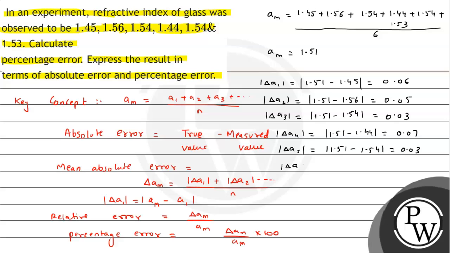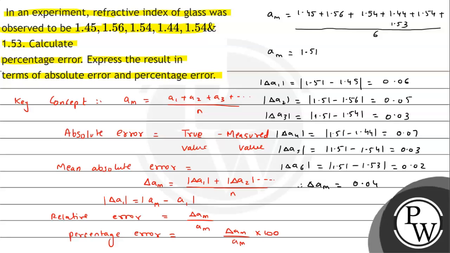And mod of finally a6, we have 1.51 minus 1.53, that is 0.02. अब इन सबको ऐड करके we need to divide by 6 and we will be getting the mean absolute error. Therefore finally हम क्या लिखेंगे, mean absolute error will be equal to, इन सबको ऐड करने पे जो रिजल्ट हमें मिलेगा वो होगा 0.26 divided by 6, it comes out to be 0.0433. So up to second decimal place we have the answer, so we will take up to second decimal place. So ये हमें मिल गया 0.04.